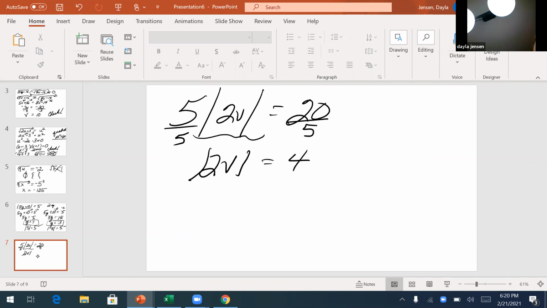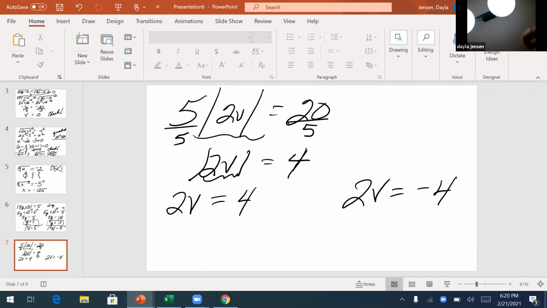Now, once again, whatever's in the absolute value sign, 2v could either be 4 or 2v could be -4, because when I take the absolute value of it, that will make it positive. So divide both sides by 2. So v could either be 2 or v could be -2. Those are both correct answers.